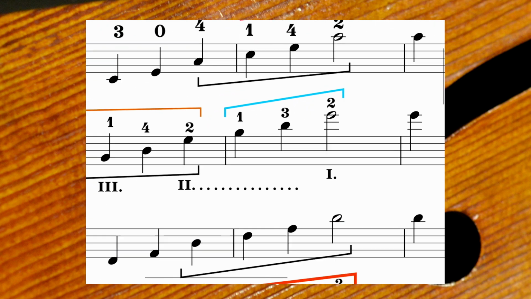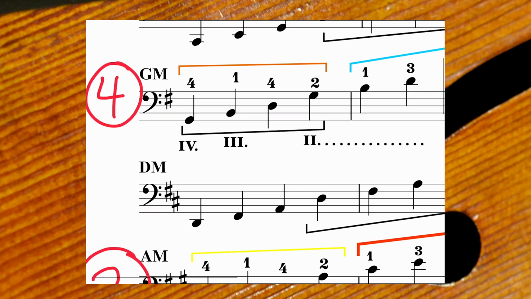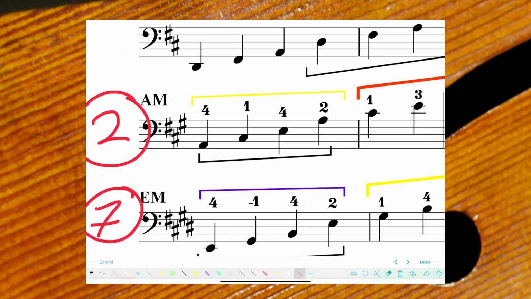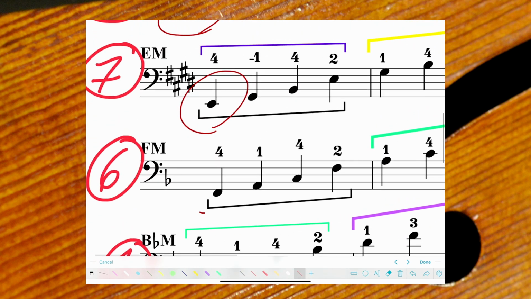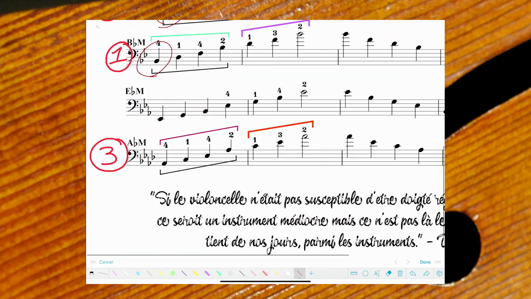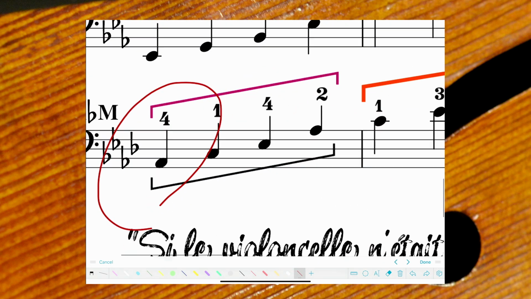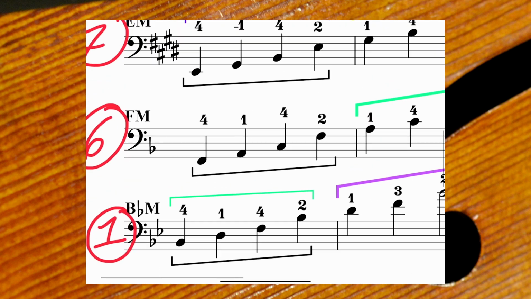So we walk along the very basic way, and then I show you, you can play every single major 1 octave arpeggio, as long as you can start the arpeggio with a fourth finger on the lowest note, and it doesn't matter the key signature.